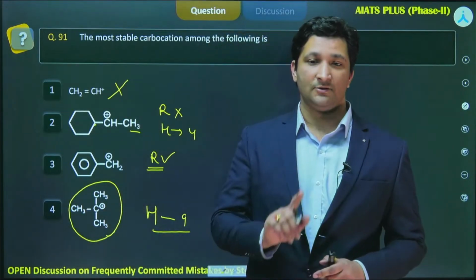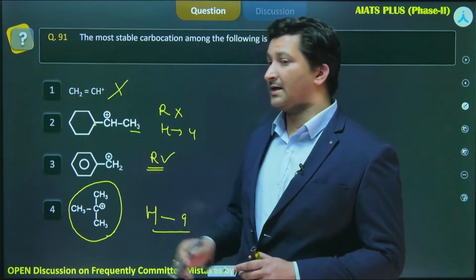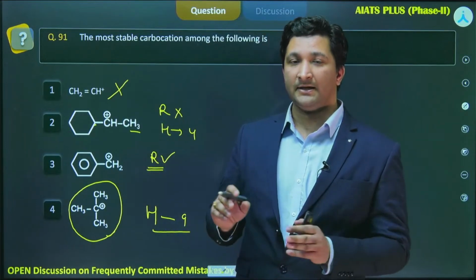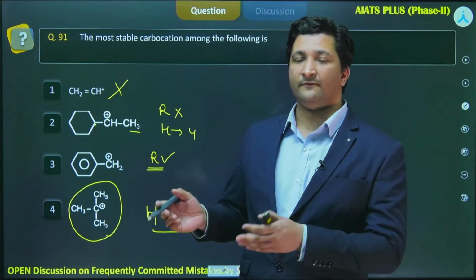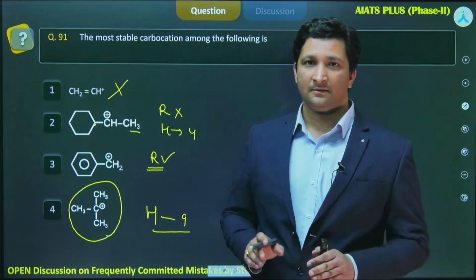This is an exception. Those who were answering 3 have learned the order that benzyl carbocation is more stable, followed by 3 degree, 2 degree, 1 degree. So that is correct.